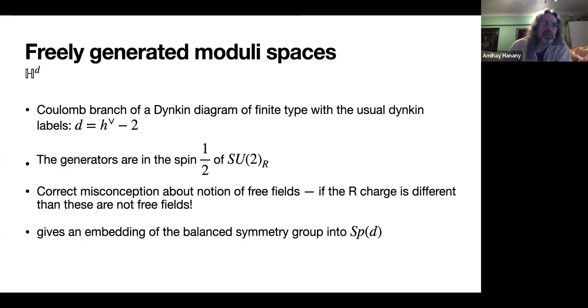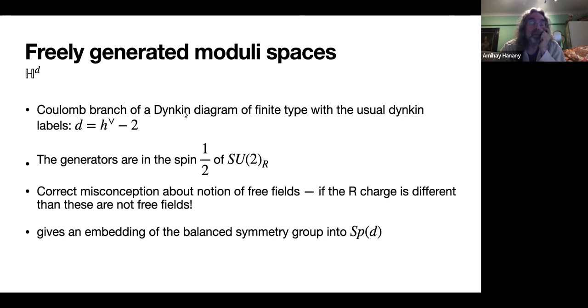Okay, so let's first talk about the first case, the freely generated moduli space. This is a copy of the quaternionic space to the power d. Do you see my mouse? Yep, thank you. And in fact, there is a nice family of moduli spaces which are given by a Dynkin diagram.